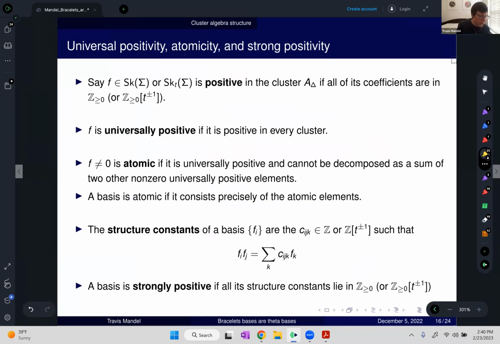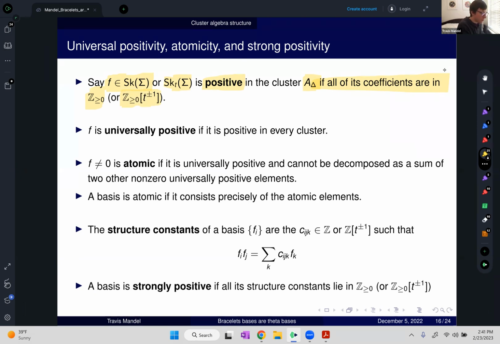All right, so there are some nice positivity properties that people study in the context of cluster algebras. We say that an element F in the Skein algebra, or the quantum Skein algebra, or a cluster algebra, is positive in the cluster A delta if all of its coefficients are non-negative integers, or in the quantum setting, Laurent polynomials with non-negative integer coefficients.